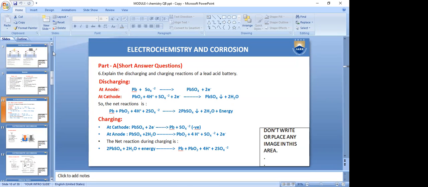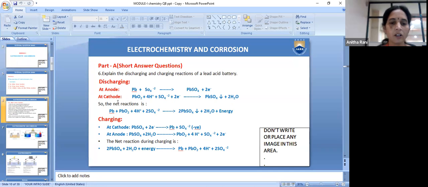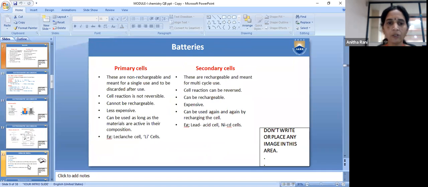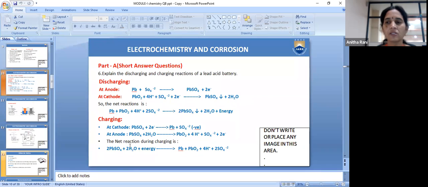The question here is to explain the discharging and the charging reactions of a lead acid battery, so you have to write only the discharging reaction and the charging reaction.